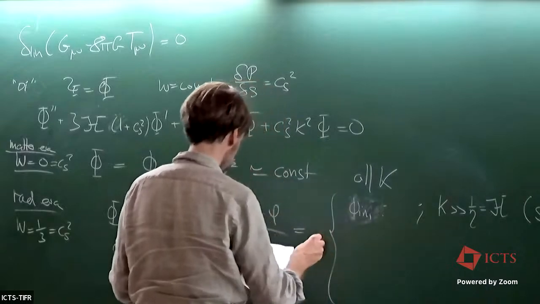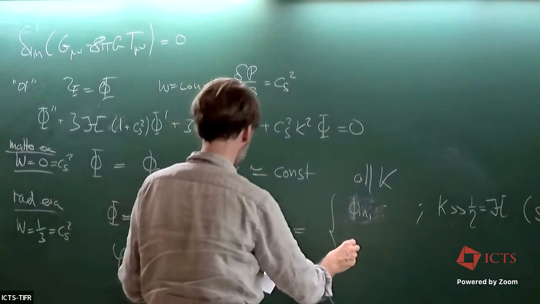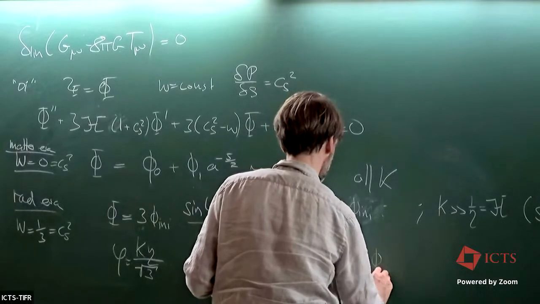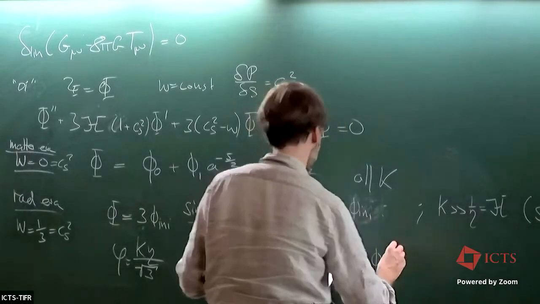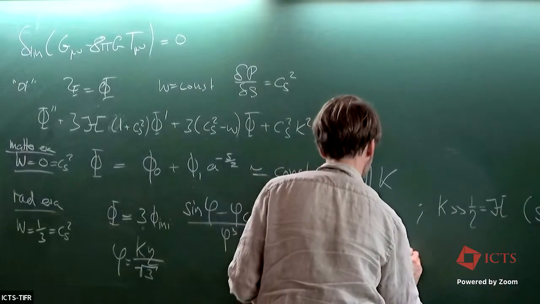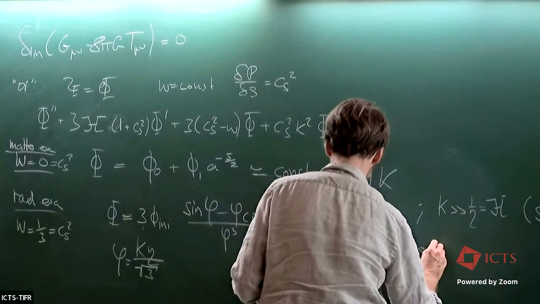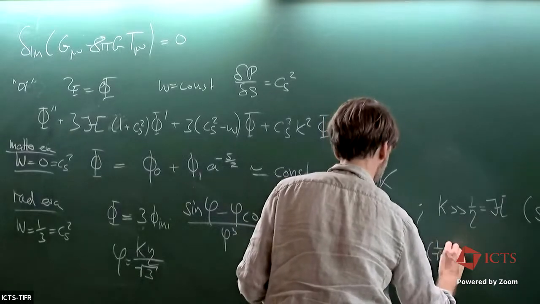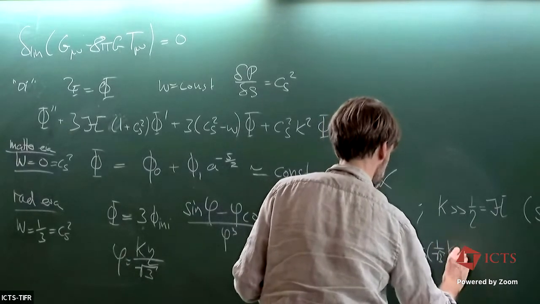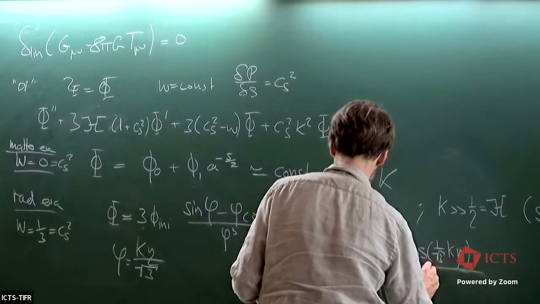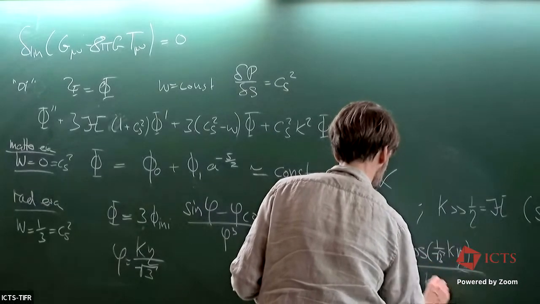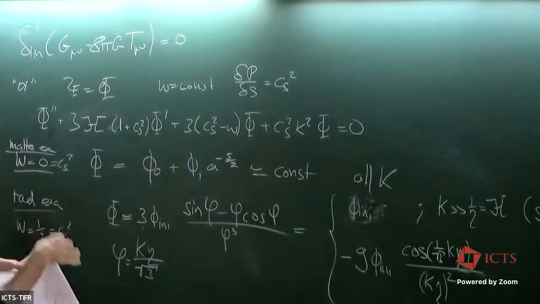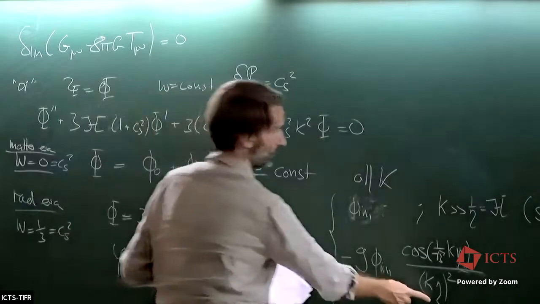But subhorizon modes behave differently. They are not constant. What we find in the opposite limit is an oscillatory solution, the amplitude of which goes down like a power law.